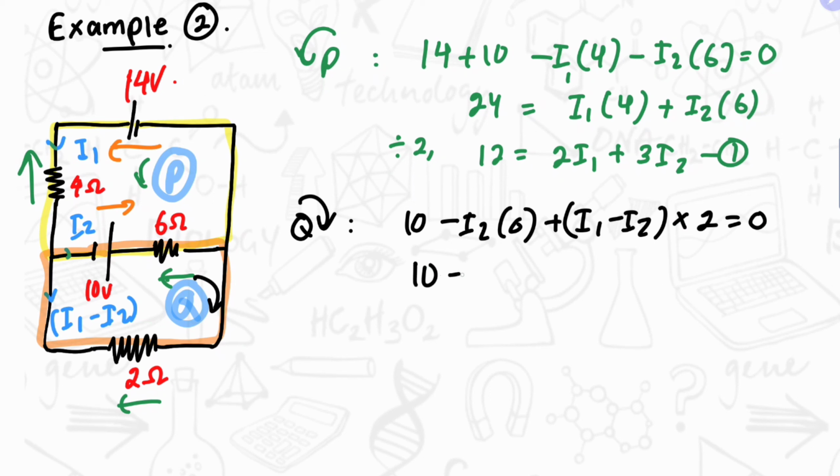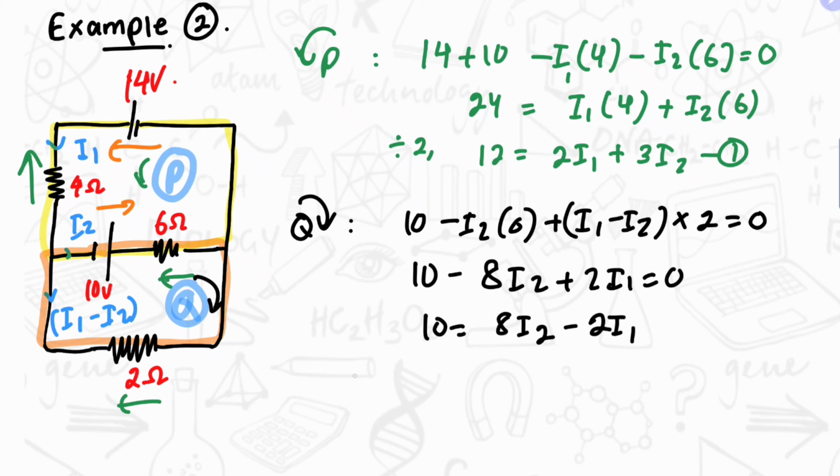Then we get 8I2 plus 2I1 is equal to 0. That is, 10 is equal to 8I2 minus 2I1. Now let's name this as the second equation.